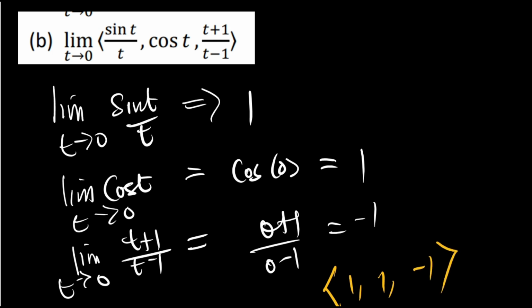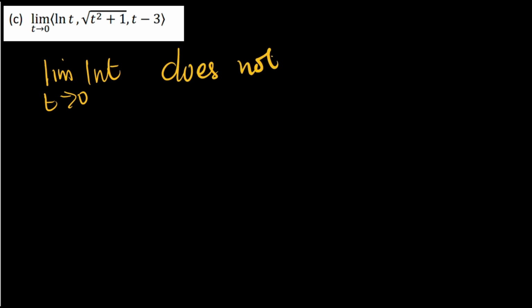And let's look at the last one. The limit of ln t as t approaches 0. As t approaches 0, ln t will be undefined, and as such, this limit does not exist.